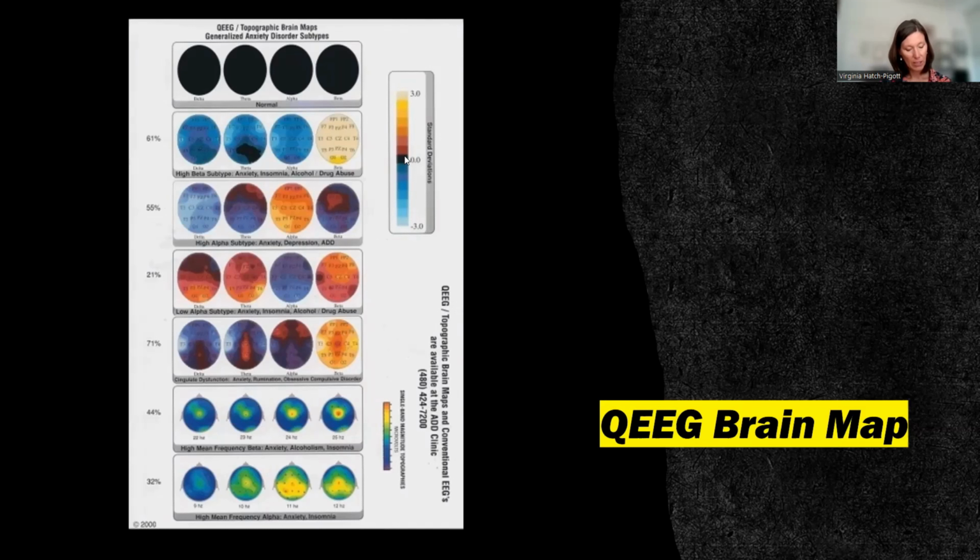Black, dark red, and dark blue are all essentially normal because they're within 1 standard deviation of the mean. The further out from normal, the lighter the color. NeuroGuide on the bottom has a guide, but the colors are different. Normal in this scenario down here, you just look at the color guide, it's green.